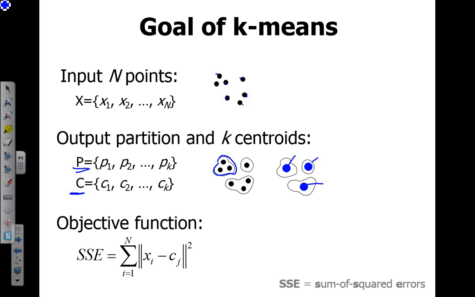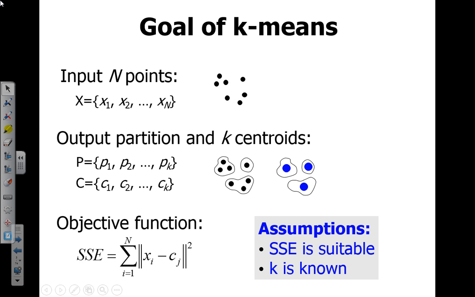That is the output of K-means, and how it selects it, it tries to minimize this objective function called sum of squared errors, which for every input point calculates the squared error to its nearest centroid, the centroid of the cluster that it belongs to, and then sums it up, and it aims at finding the minimum.